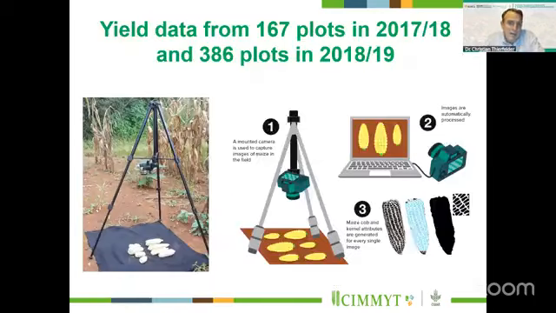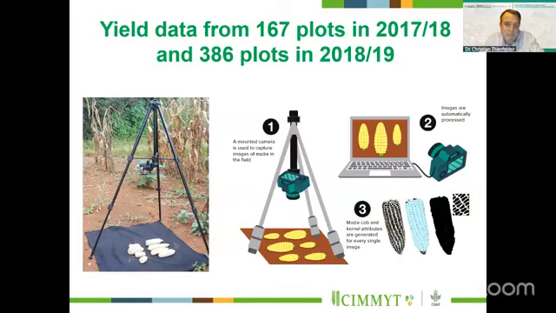We then used a technique that CIMMYT developed over the years for a rapid yield assessment, looking at crops that we harvested from specific areas that we photographed, used a computer to evaluate how much yield we would get from those using specific techniques developed by my colleagues from the maize program.